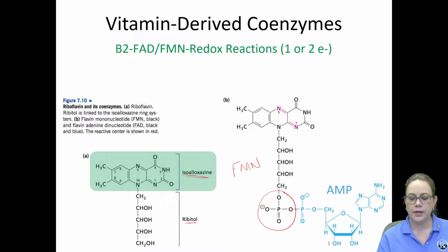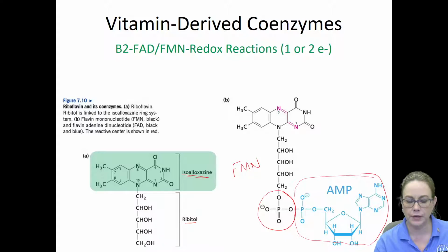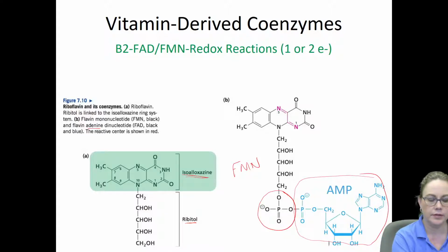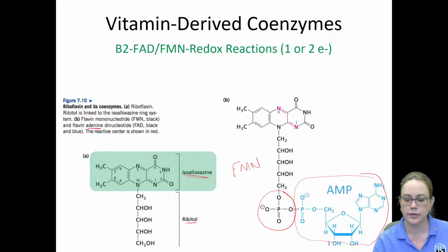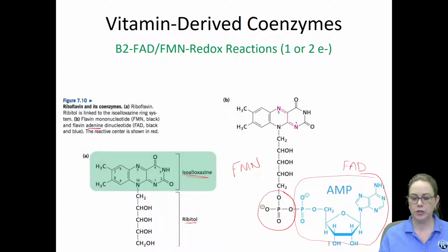If instead of stopping with one phosphate, we also added the AMP, shown in blue, onto that phosphorus, this gives us our structure of FAD, or flavin adenine dinucleotide. It's even in the name that it has the adenine dinucleotide. So that will be our structure of FAD, the complete structure.